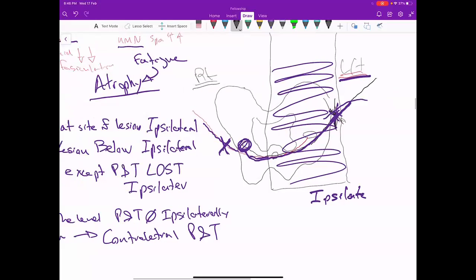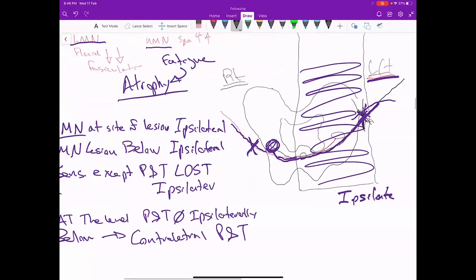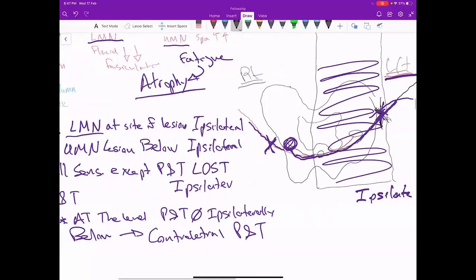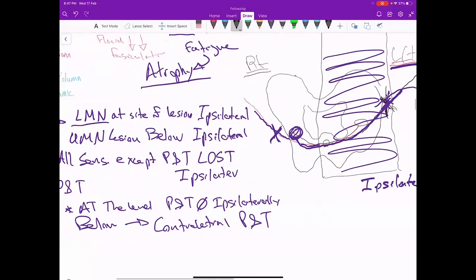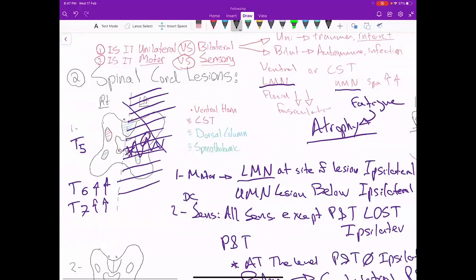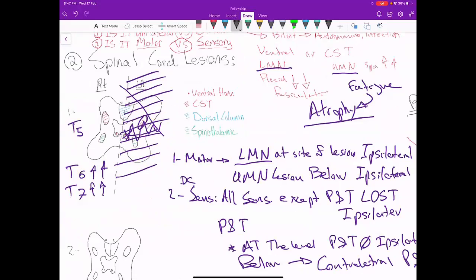If I take out the entire left half of the spinal cord, I damage the corticospinal tract and the ventral horn. Motor-wise, we're speaking, right?